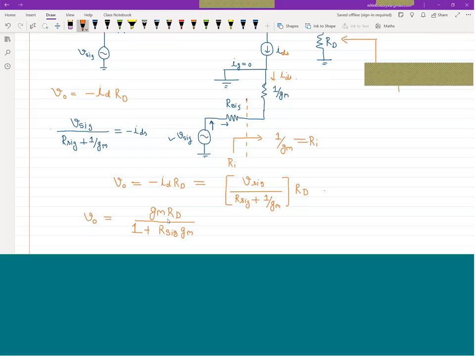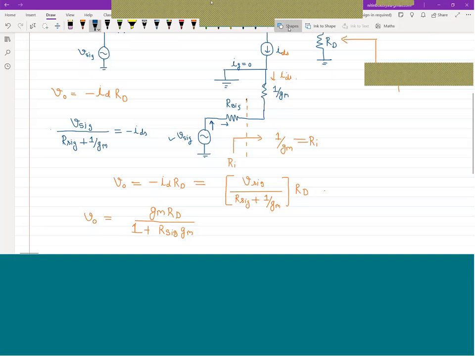So what I can say, because of low input resistance, this common gate is having application.